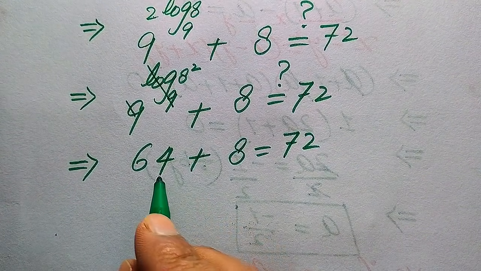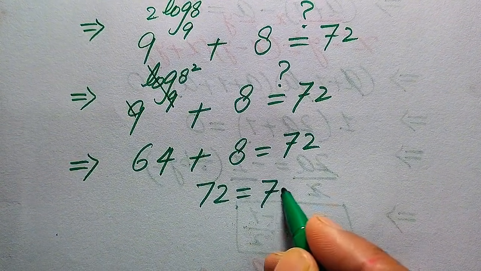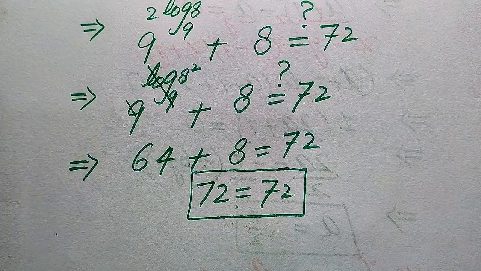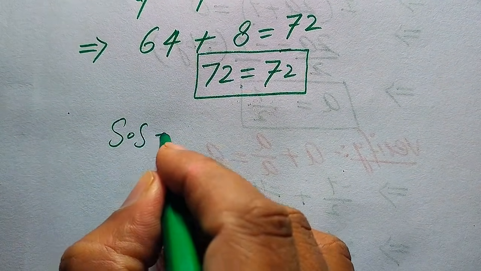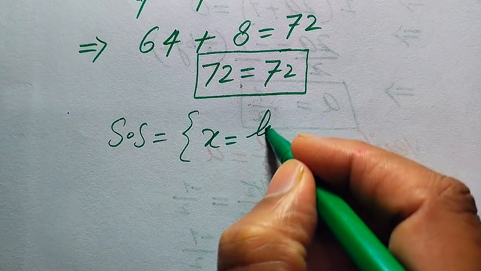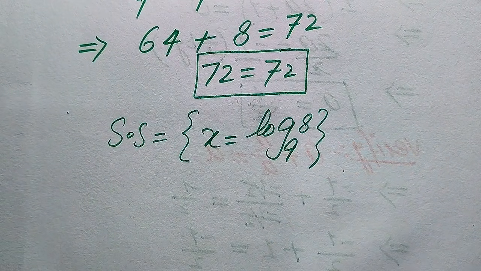And here you clearly see that 64 plus 8 becomes 72, equals 72. This shows that both of the sides are equal, and we finally conclude that the solution set of this problem is x is equal to log of 8 with base 9.